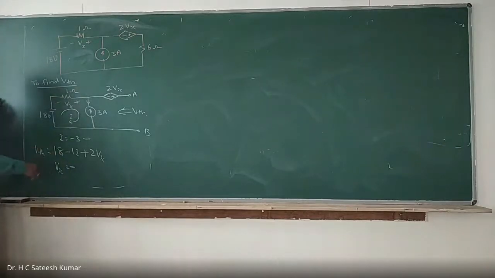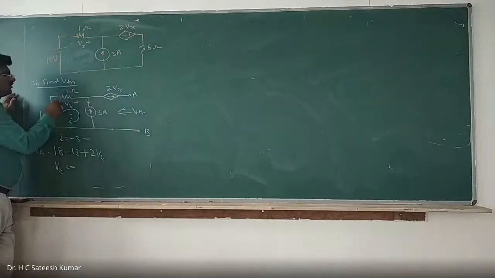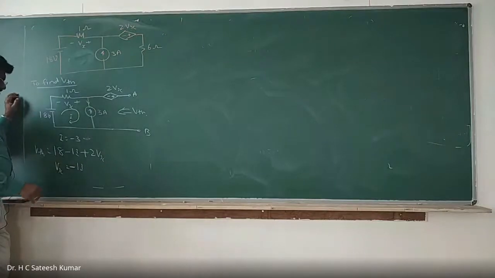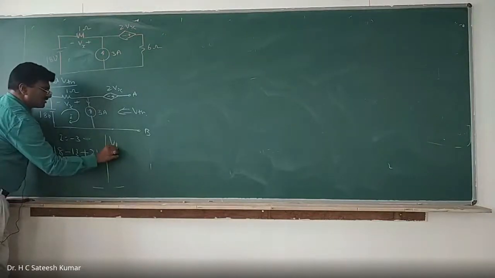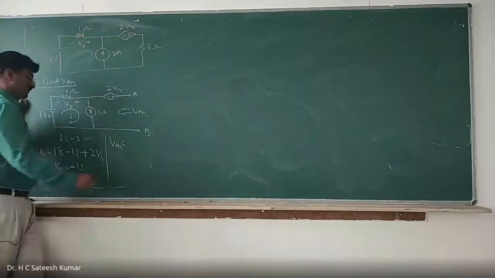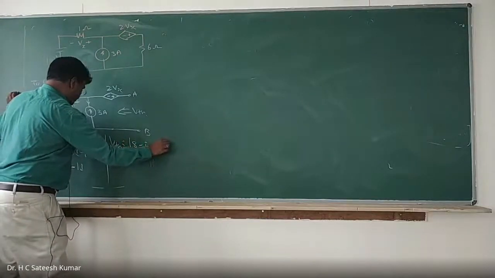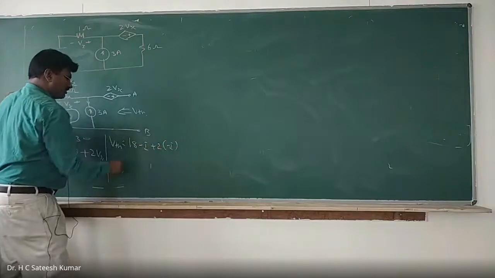So Vx is equal to minus of, V is equal to I into R, R is 1, so Vx is minus I. Therefore, VTH is equal to 18 minus I plus 2 into minus I.